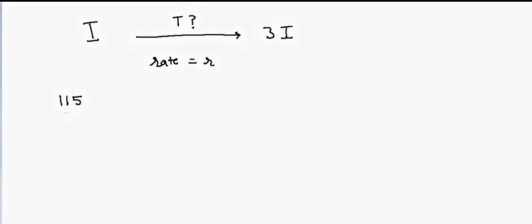Suppose you have an investment of I and you want this investment to grow to 3I after a certain time t, and the rate of interest is r. By using this trick we can calculate how much time it will take, and the trick is simple. You take the number 115 and divide it by r, and that will give you the time for the investment to be three times.